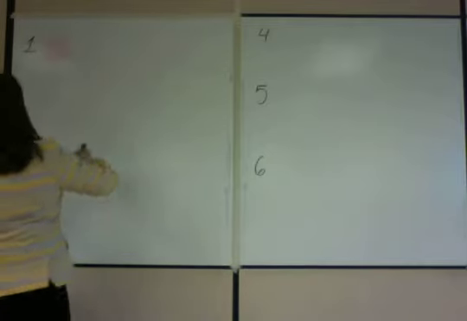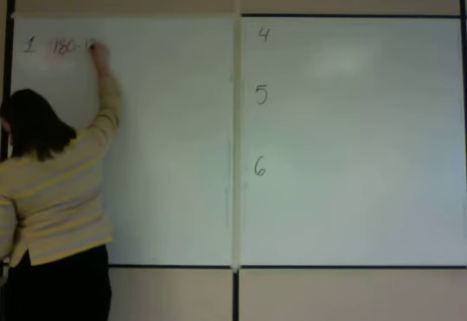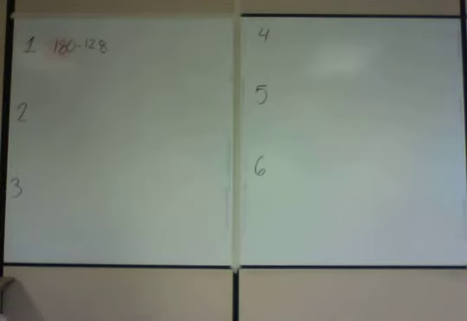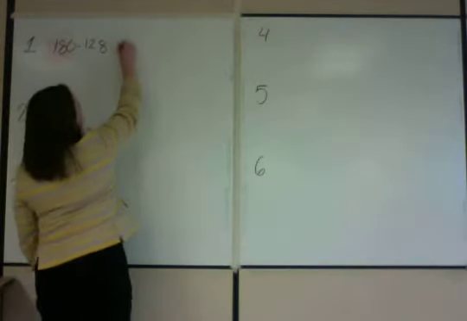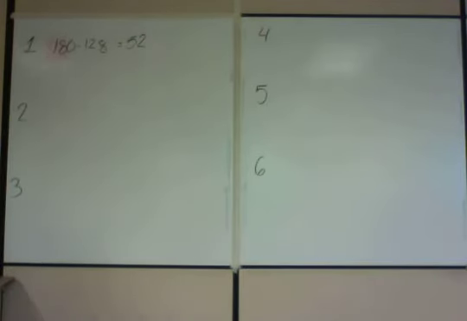So I'm going to do 180 minus 128 to figure out what that blank angle is on the inside. And that's going to give me 52. But now we still need to figure out what X is going to be. And remember, all angles in a triangle add up to 180.